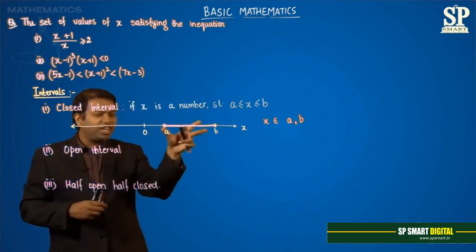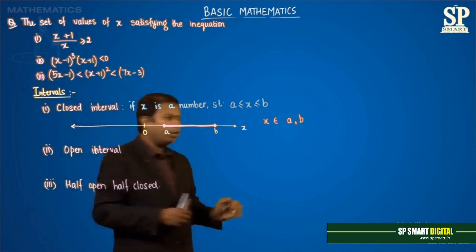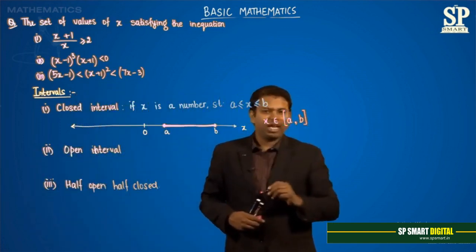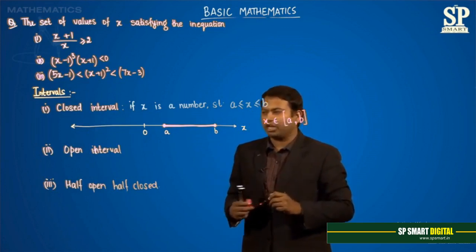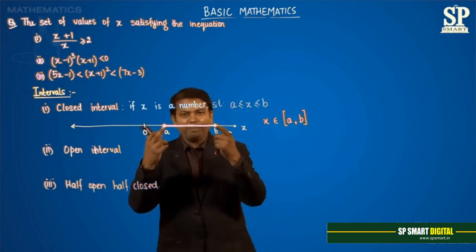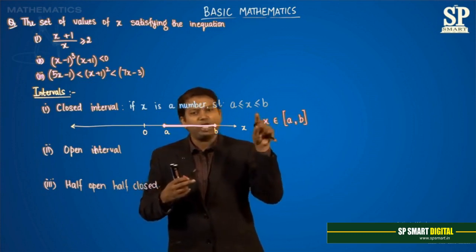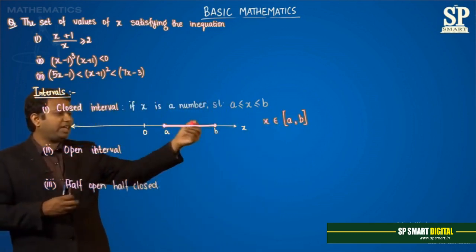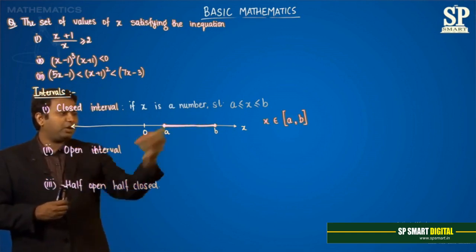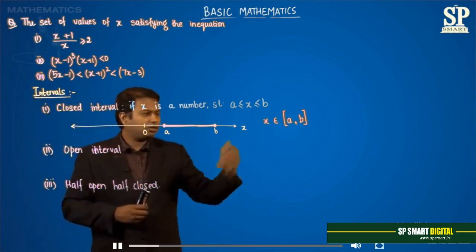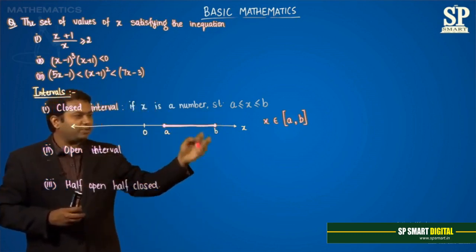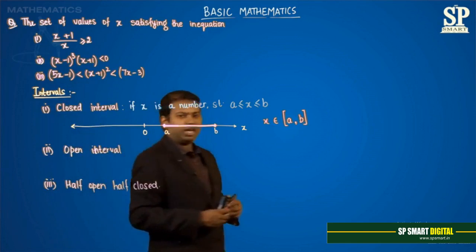Now since both of these are included, we put square brackets on both sides, and this is known as closed interval because the endpoints are included in the solution set of x. So this is how we represent x mathematically and on a number line.